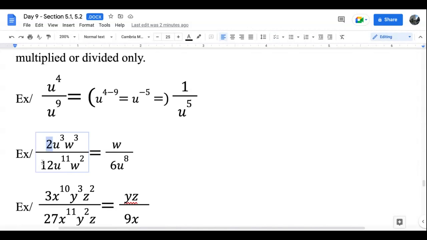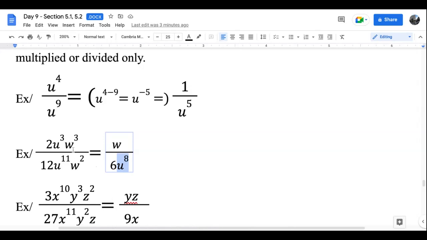This one, 2 divided by 12, that's 1 over 6. Then u cubed divided by u to the 11th. If we want to bring it to the numerator, we do 3 minus 11. We get u to the power negative 8. The negative 8 means it's in the denominator, so u to the 8th power.